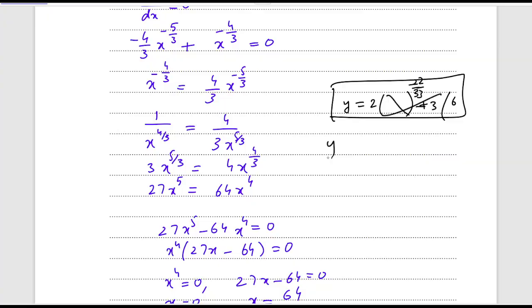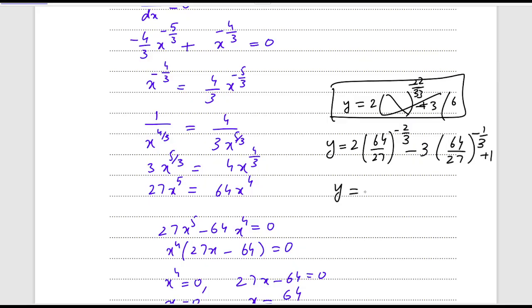The y coordinate of the minimum point will be y equals 2 times 64 over 27 raised to the power minus 2 over 3, minus 3 times 64 over 27 raised to the power minus 1 over 3, plus 1.